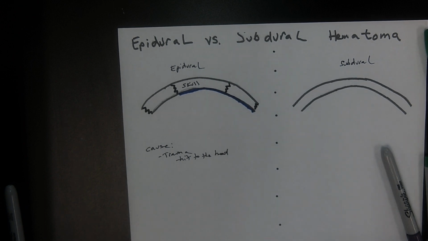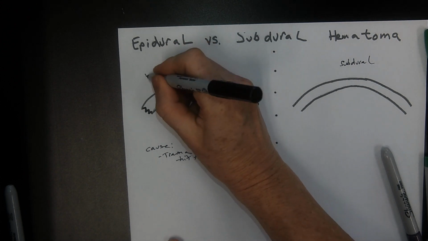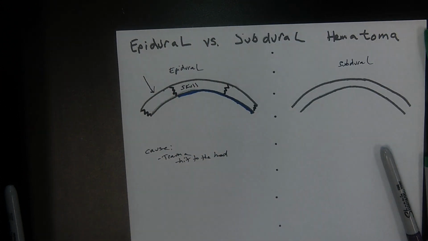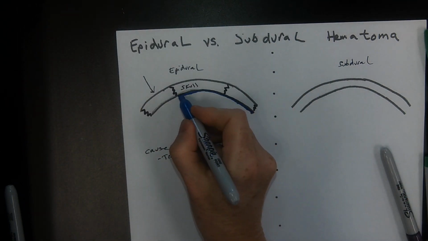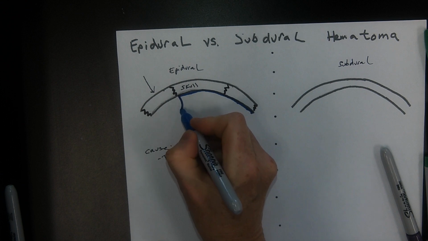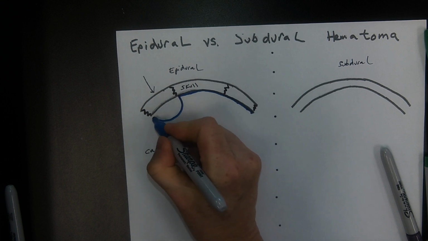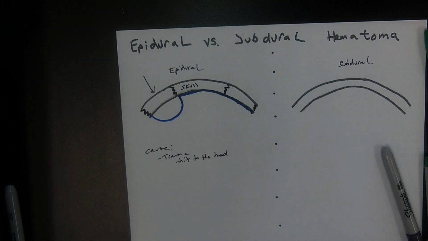So you have a fall, and you hit your head, and you could possibly cause an epidural hematoma. So in this case, the hit to the head happened over here. And what's going to happen is blood is going to start to pool above the periosteal dura.